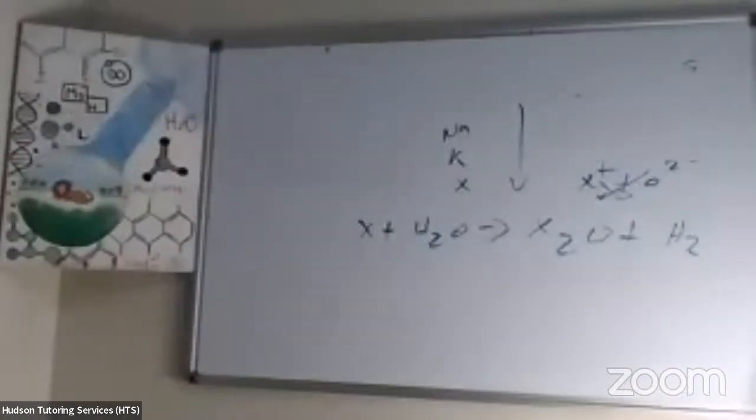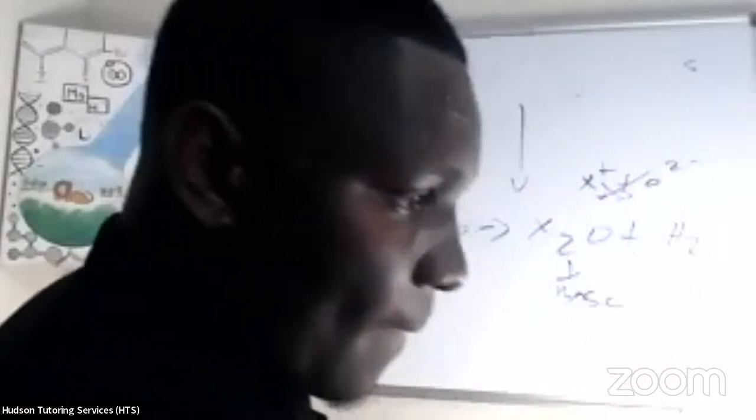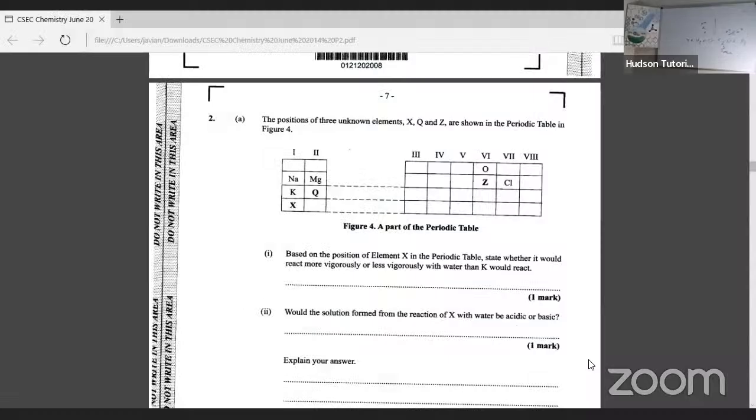Now, all metal oxides and hydroxides are basic. So it would be basic because it's a metal oxide. All right, good. So that's the explanation: the solution will be basic.